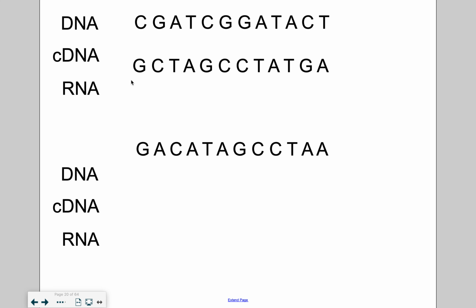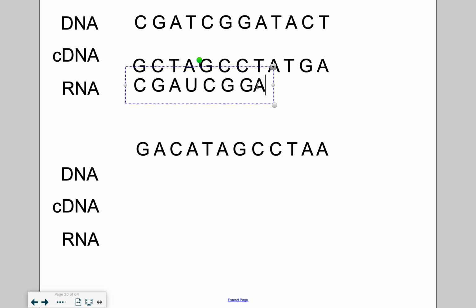All right, so here we go. Starting with C. C pairs with G. C pairs with G again. Okay, so T pairs with A, so nothing, that's normal. But all of a sudden we have an A. And now remember, we're making RNA, so there are no T's in RNA. So T's become U's. So we're going to have a U there. And then G pairs with C, and C pairs with G, and C pairs with G again.